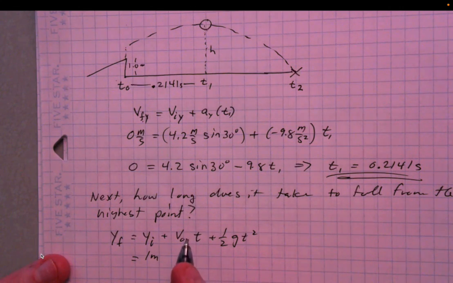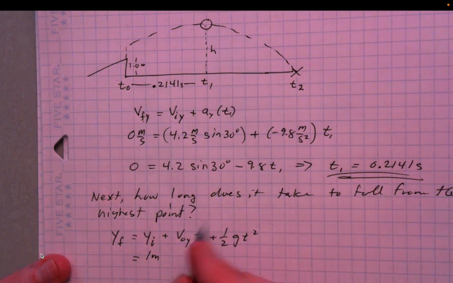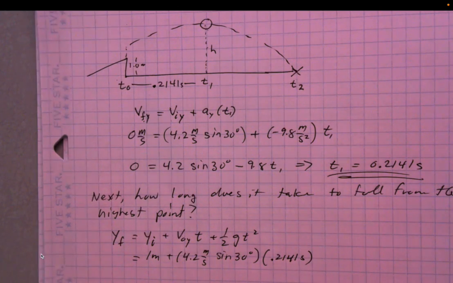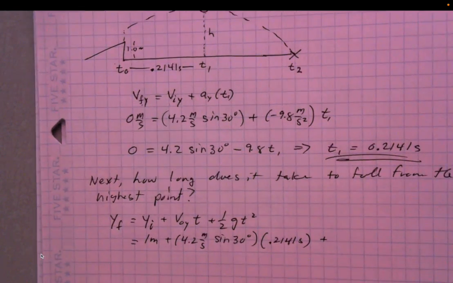Our initial velocity in the y direction is 4.2 meters per second times the sine of 30 degrees. What's the time here? Well, we just found that is 0.2141 seconds. Okay, and then plus, we got to add in the gravity component. It's going to slow us down.